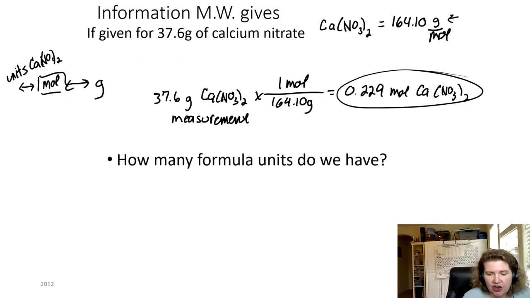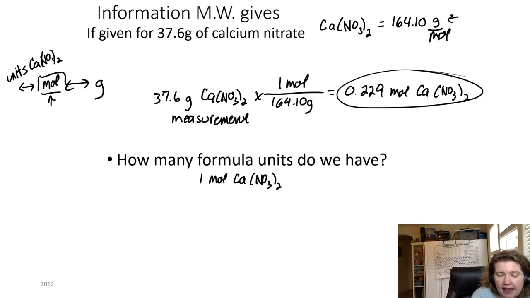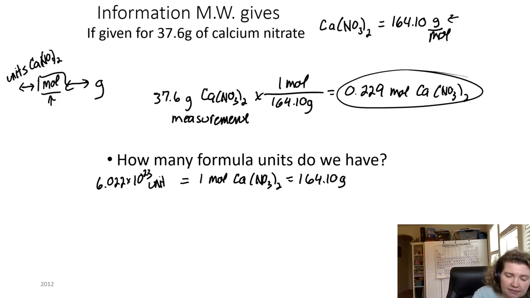Now we're going to do the next question: how many formula units do I have? I already know how many moles I have, and a formula unit is a particle. I know a relationship that 1 mole of calcium nitrate is equal to 164.10 grams, but on the other side of my bridge, it's equal to 6.022 times 10 to the 23rd formula units.